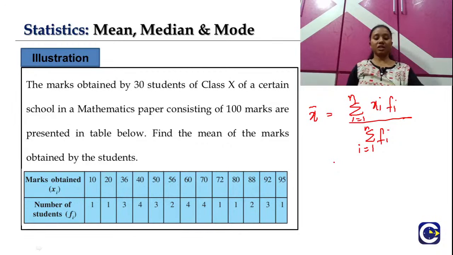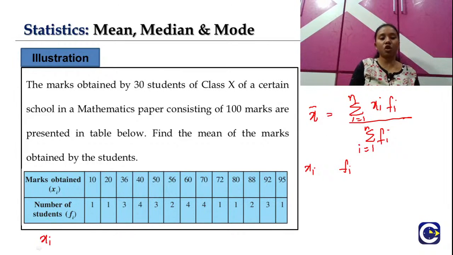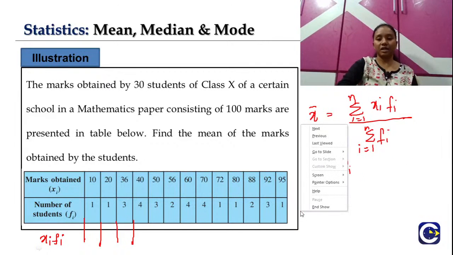It's simple calculation. It's all about calculation and formula, as I mentioned. So quickly do it, guys, and let me know the answer. It will be better if we go by a tabular form. You can write xi in a table, and then fi. We already have xi and fi, so correspondingly we can form another column, xi fi, so that it will be easy to find sigma xi fi.